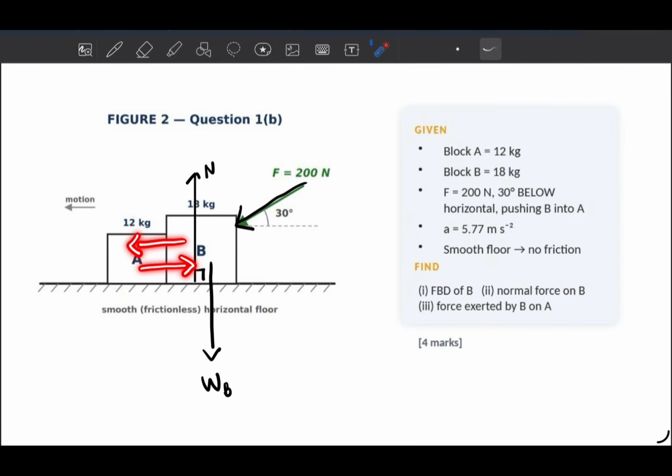So we have another contact force, we call it the action-reaction force here, which is exerted from block A to block B. Okay, so this is my force between A and B, by A on B. And then do we have any frictional force here? No, since the floor is a smooth floor, there is no friction here.